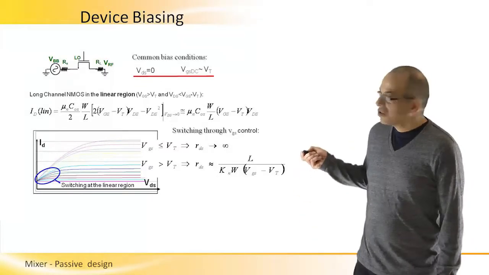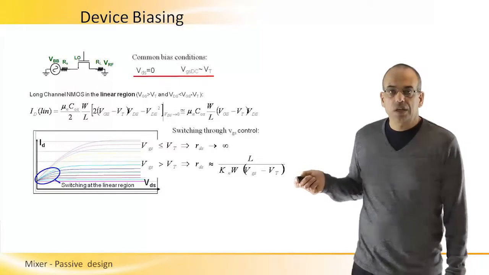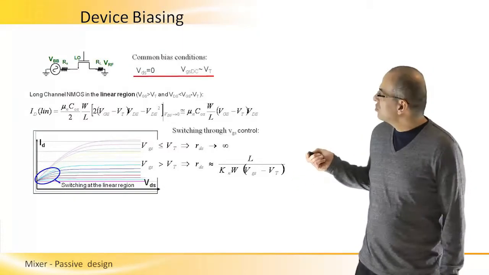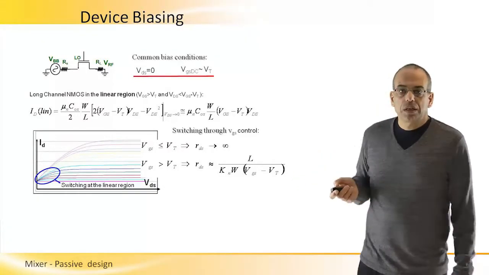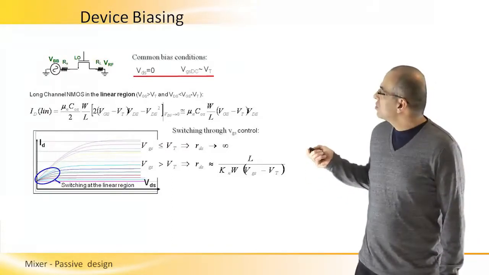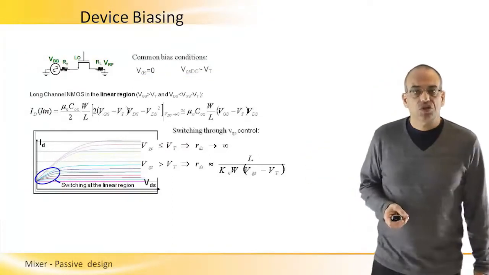And the gate-source voltage, which is also the gate-drain voltage, needs to be very close to VT, the threshold voltage.